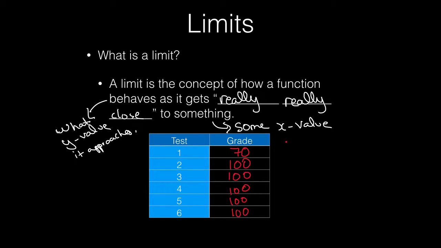Now to help illustrate the concept, let's calculate your average at each of these points. This is just the sum of the scores divided by the number of scores. So your average at this point would just be 70 by 1, which is 70. Here would be an 85, here a 90, a 93, a 94, and lastly a 95.